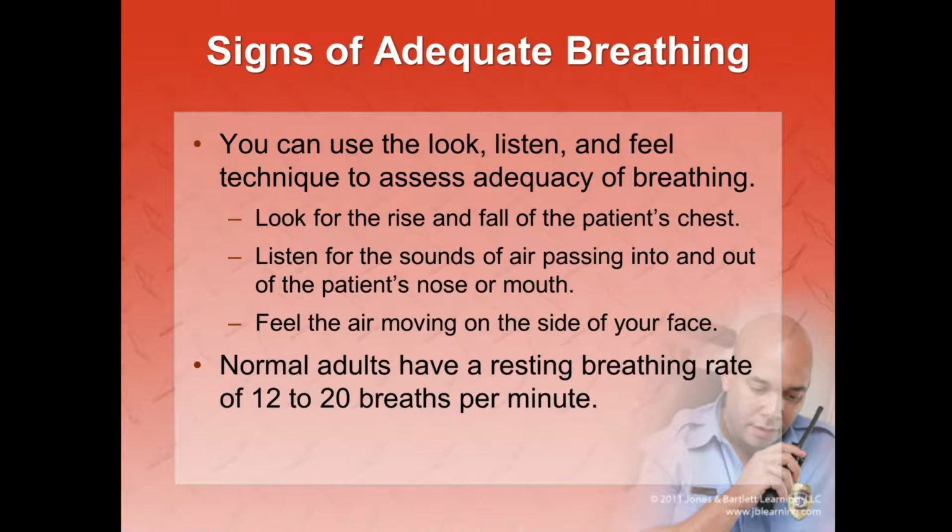It would take a lot of coaching, but you have to try to get that rate under control, because once your body can't take it anymore, the body's only way to remedy that situation is that the person's going to pass out, and the body's going to adjust once that person goes unconscious. But then you'll be dealing with a couple other issues, I'm sure. So it behooves you to try to get their breathing under control as soon as possible. 12 to 20 breaths a minute for an adult.